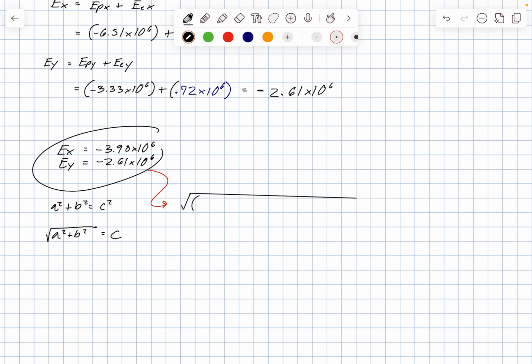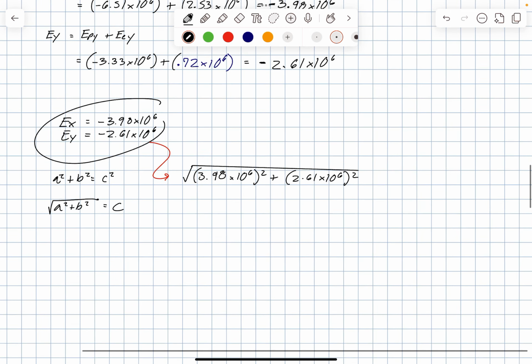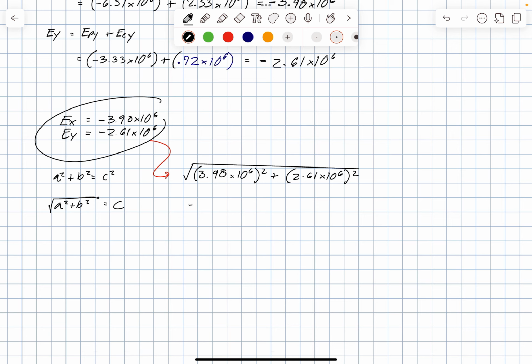So you put 3.98, and it doesn't matter if these are negative or positive now because we're squaring them, so it's going to be positive anyway as far as magnitude goes. 3.98 times 10 to the 6th squared plus 2.61 times 10 to the 6th squared. And when you do that, you should get the value of 4.76 times 10 to the 6th.